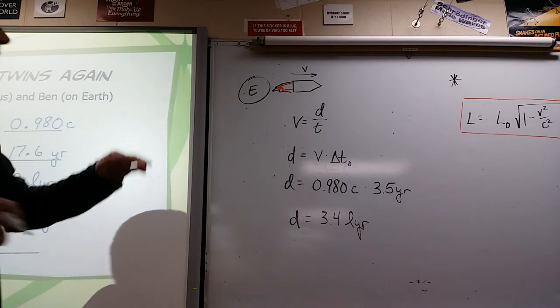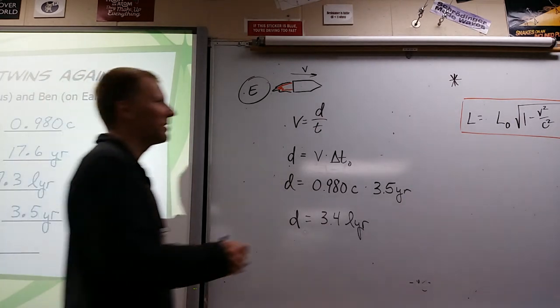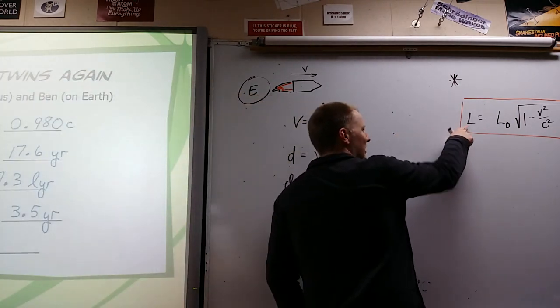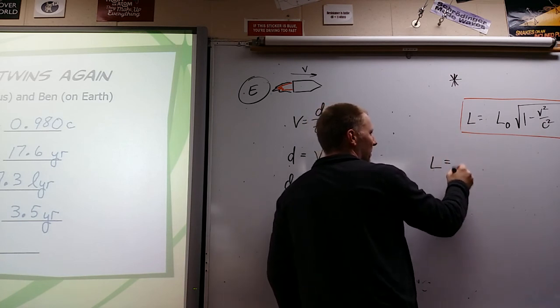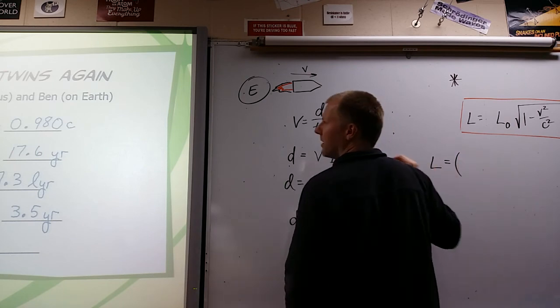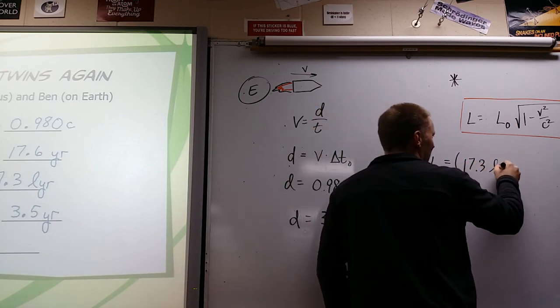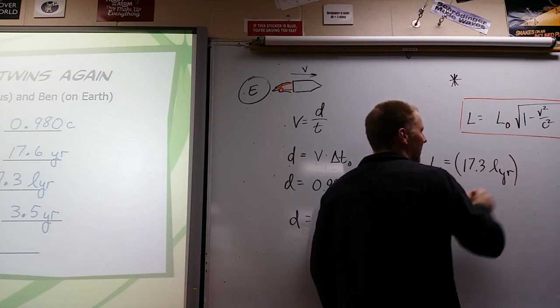Let's now go and check what we'd find with our new equation, based on the proper length that Ben would measure, because he's not moving with regard to it, and find Chad's length here. So we'd have our total distance, 17.3 light years, for Ben.